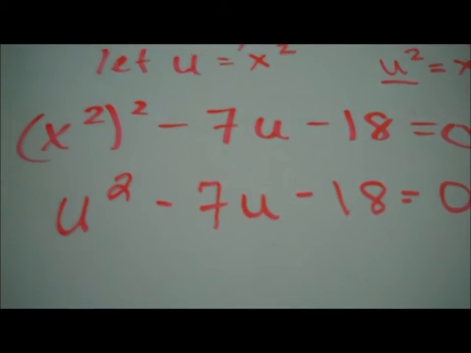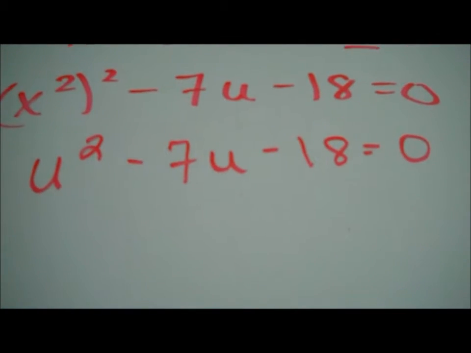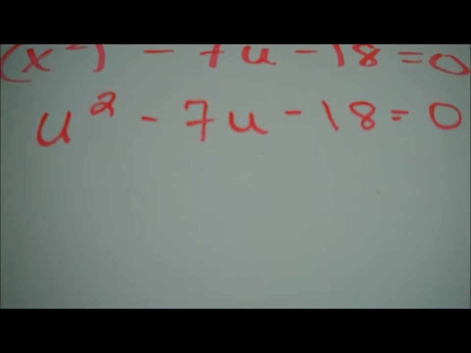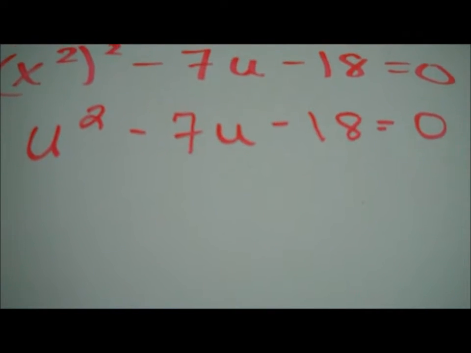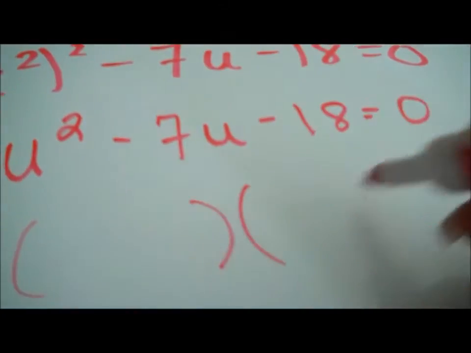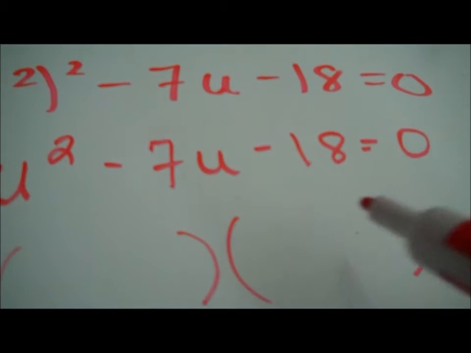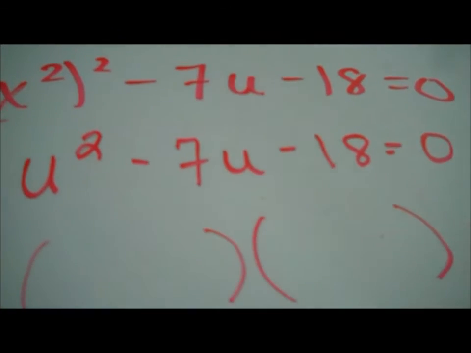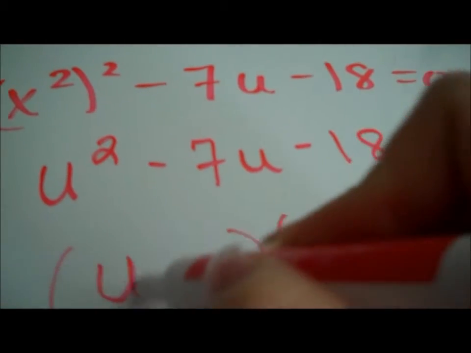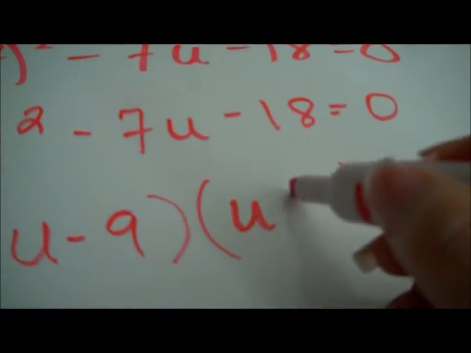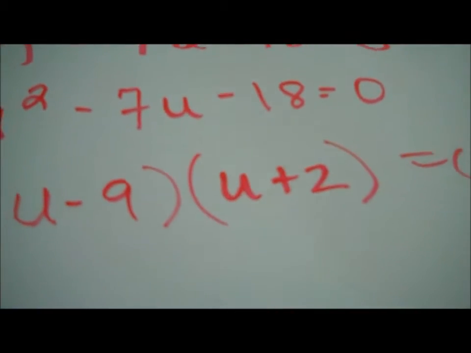Okay, so this is our quadratic that we're going to work with, and we would go ahead and work this out the same way we do a normal quadratic equation. So I would factor this. Factors of negative 18 that subtract out to negative 7. That's going to be u minus 9 and u plus 2.